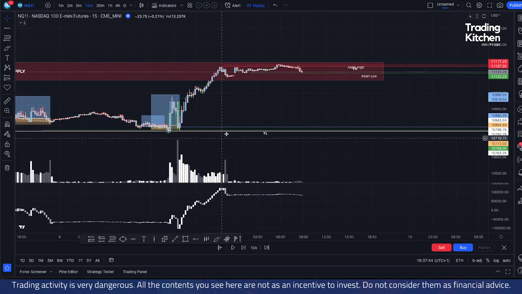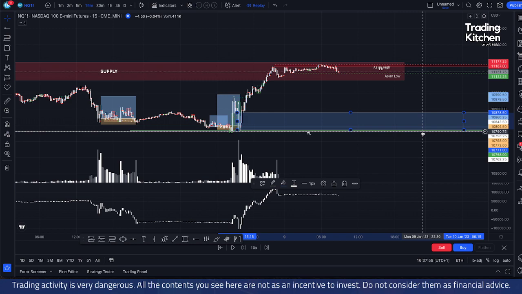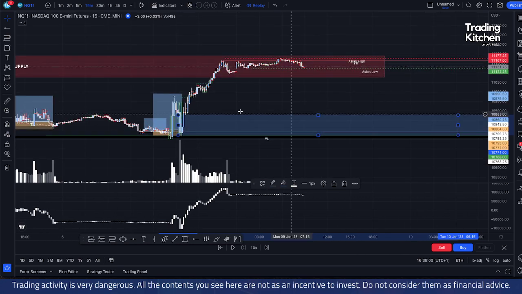So the only zone that I see right now is this one, this huge supply zone. The other thing you can do that will probably keep you from taking so many stop losses, as in this example, is moving the stop loss just below the whole supply zone.